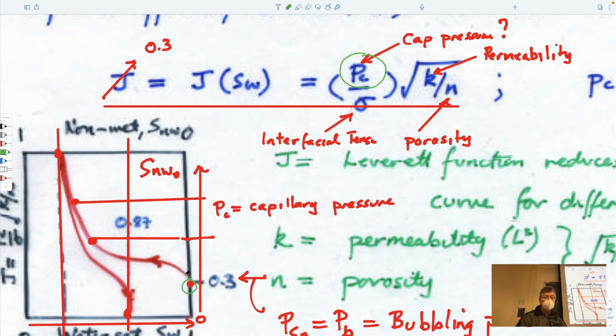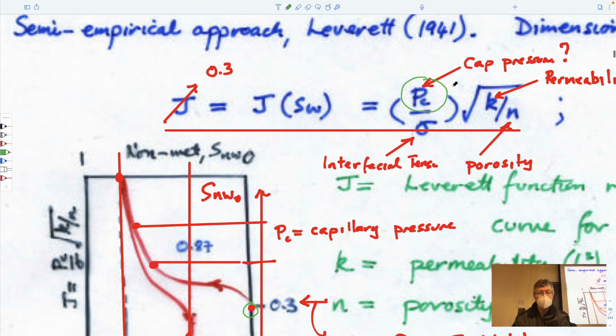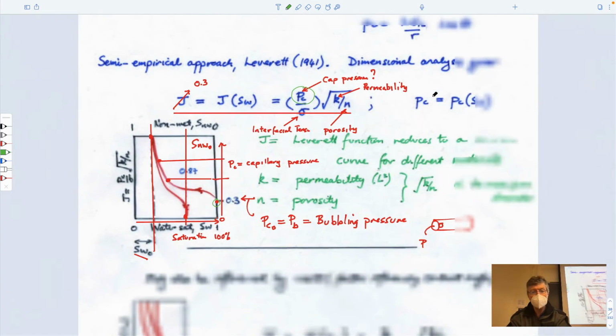And so if this curve always looks like this when we plot it as a J function, then that's great, because we don't have to go in and measure it. We always know that this value here should be about 0.3, and if we want to, out of this we can pull out the value of this capillary pressure as entry pressure. So that's one convenient way of looking at it.